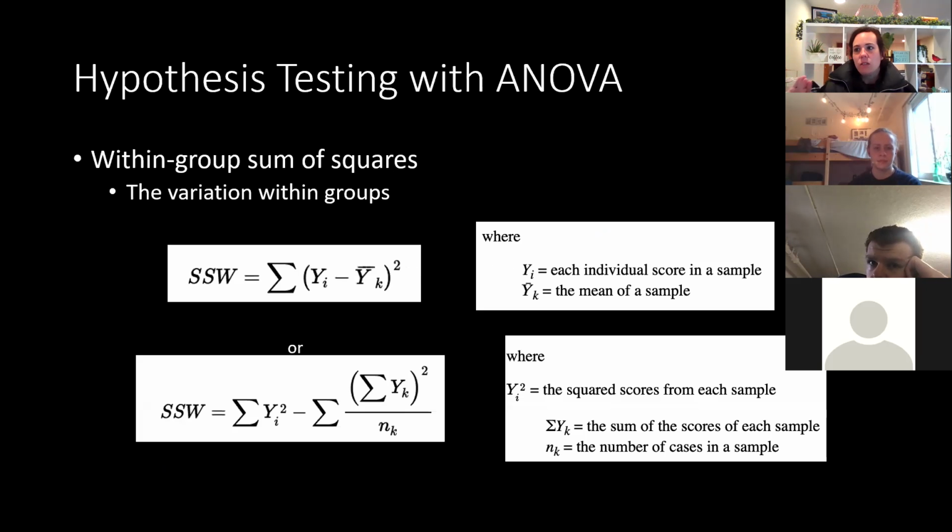The within group sums of squares looks a little different. It is the sum of the difference of each individual score minus the mean for that sample, squared. Another way you can look at it is also the sum of the squared scores for each sample minus the sum of scores for each sample divided by the number of cases in a sample.